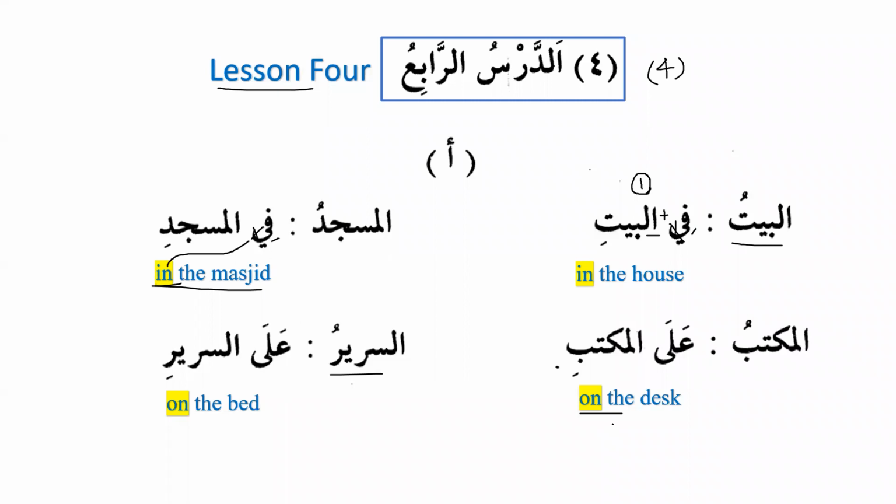But when I say Al-Kitabu alas-Sariri, the book is on the bed, does it make sense now? Yes. So that's why we call all of them incomplete sentences, or we simply call them phrases.